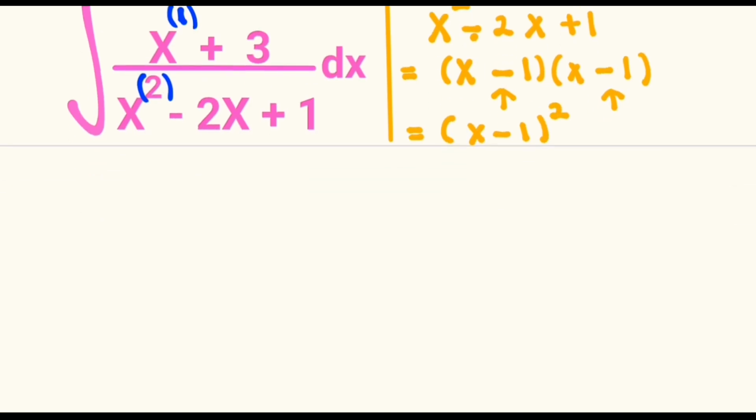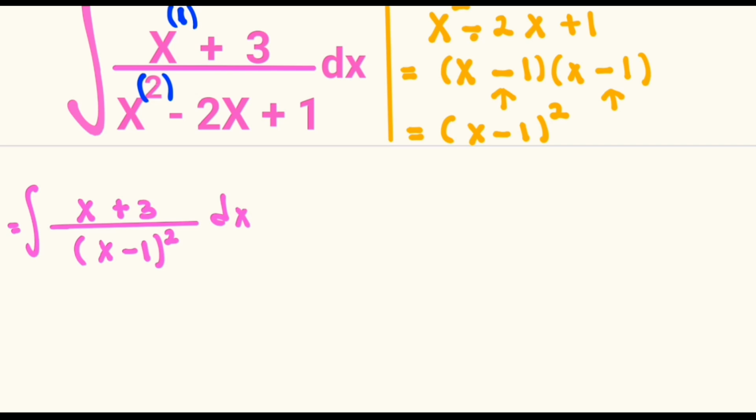So our integral will be equal to x plus 3 divided by x minus 1 squared dx. And as we can see, we have repeated linear factors in the denominator.